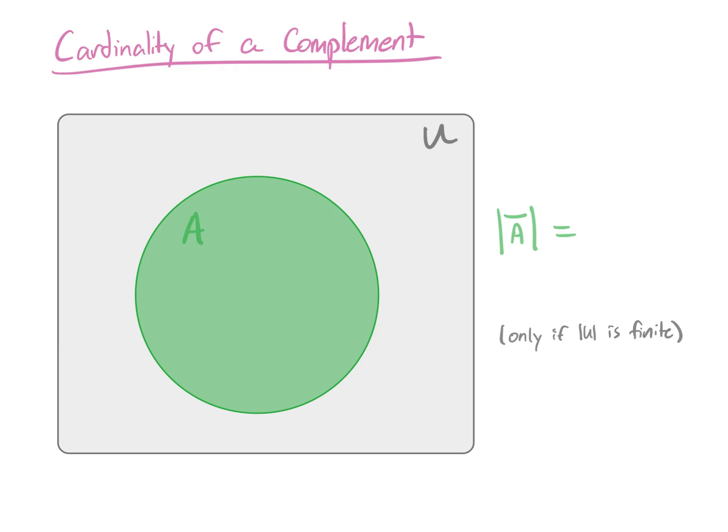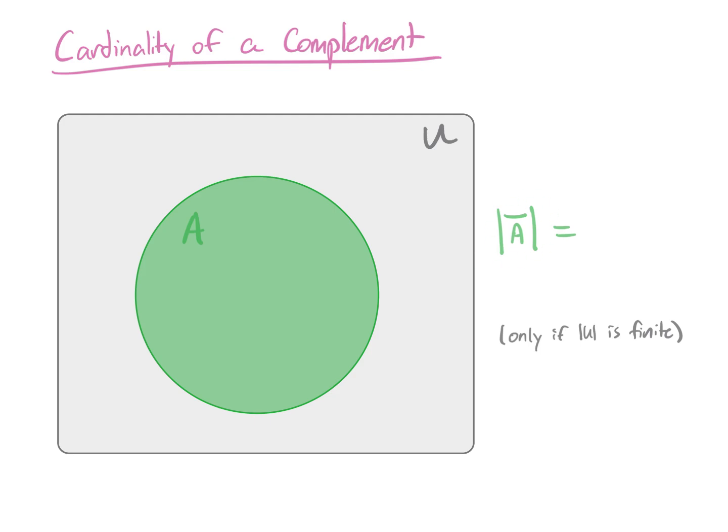There's a nice math formula that describes the cardinality of the complement of a set. So suppose that I have a similar Venn diagram to the one that I had before. I have a set A sitting inside a universal set U, and I want to know, what's the size of the complement of A?